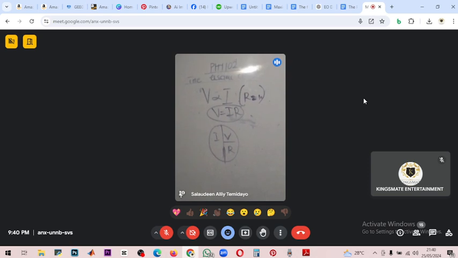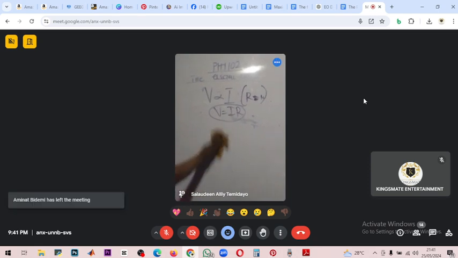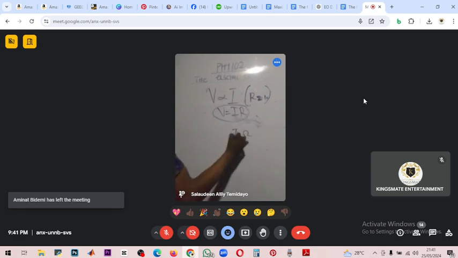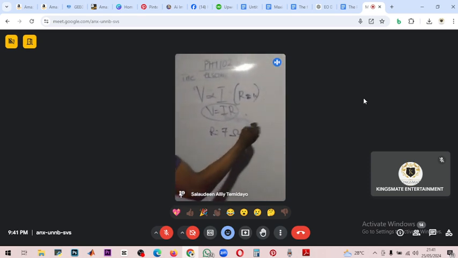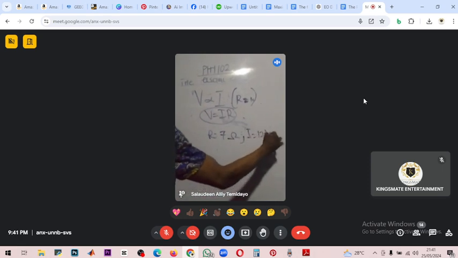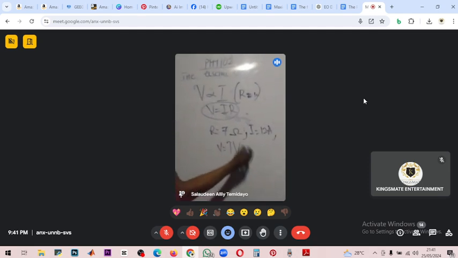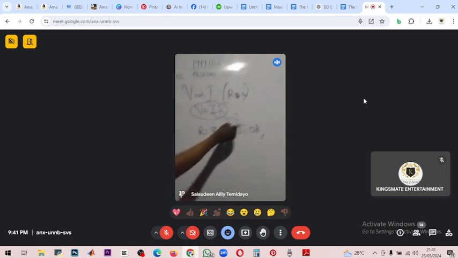So if you are given the resistance to be 7 ohms, I think I didn't mention that the unit of resistance is ohm. 7 ohms is the resistance, and you're given the electric current I to be 12 amperes. The units are named after scientists.